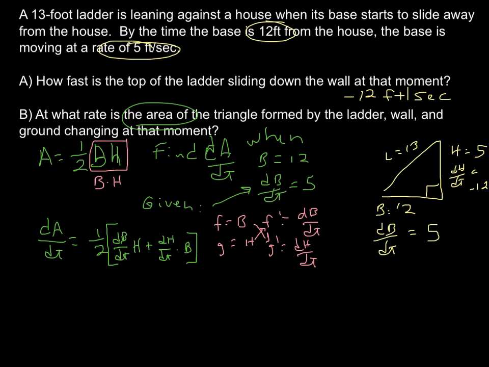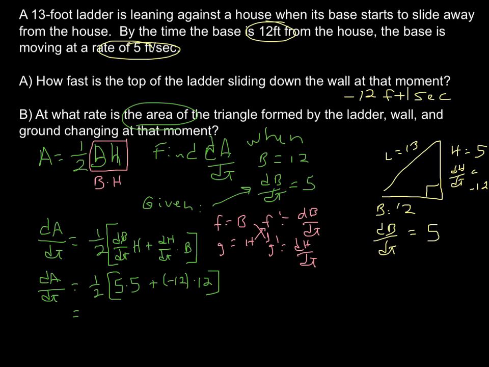We can go ahead and just substitute in. So dA/dt is what we're trying to find, so we're going to leave it there. Equals 1/2 times, and then we have dB/dt is 5 times H, which is also 5, plus dH/dt, be careful, this was negative 12, times B, which was positive 12.